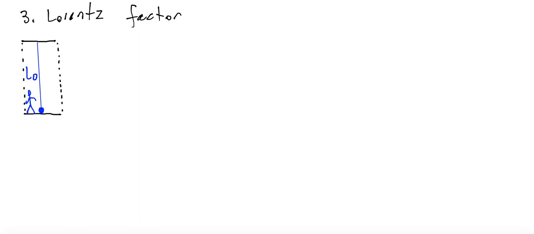Let's imagine another observer who observes the same situation. For this observer, these mirrors, this clock, move to the right with speed v. Is it clear? This speed is observed only by the observer who is outside.